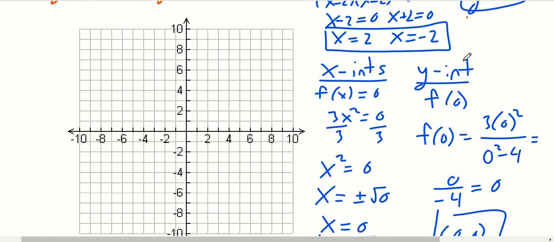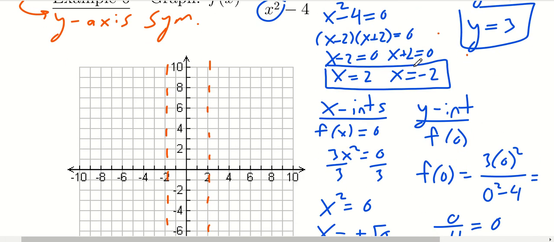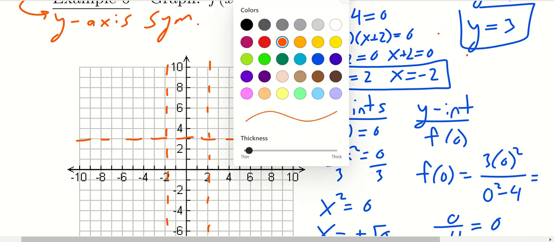We have a vertical asymptote at -2, and also +2. We have a horizontal asymptote at y equals 3. Like this.